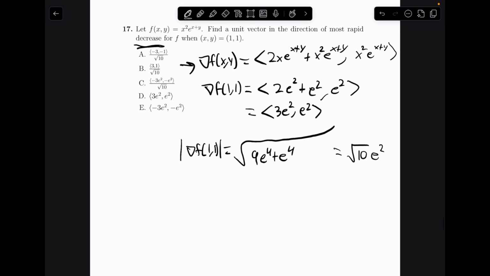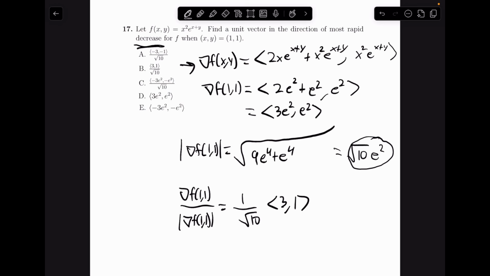So the gradient of f at (1, 1) divided by the magnitude is 1 over root 10 times (3, 1), since the e squared factors all cancel.